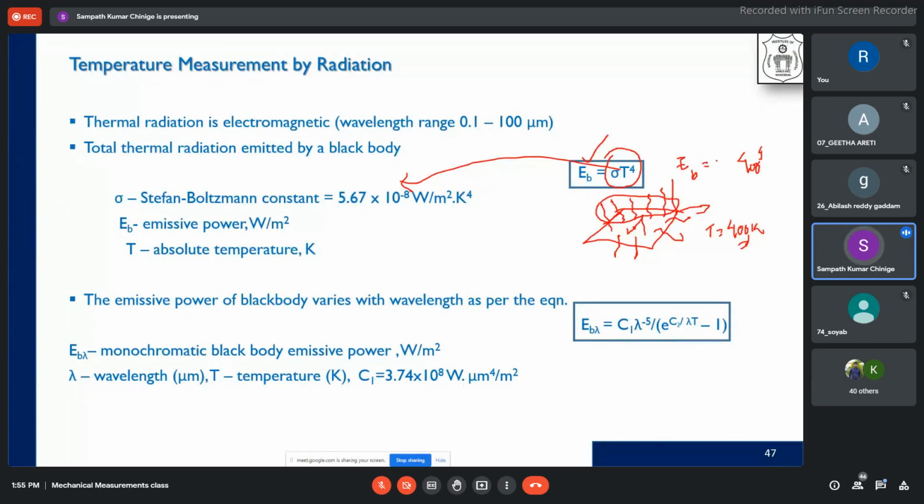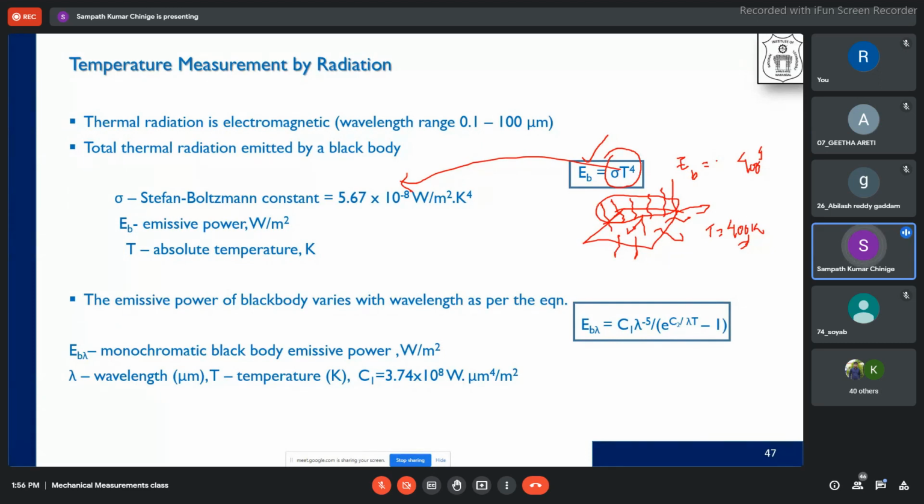So what do we mean by a black body? A perfect emitter is what we call a black body. It can absorb the whole radiation falling upon it, and it emits perfectly. Whatever falls upon it, it is able to emit completely. So we call it a black body.